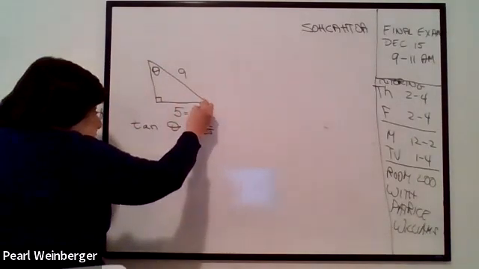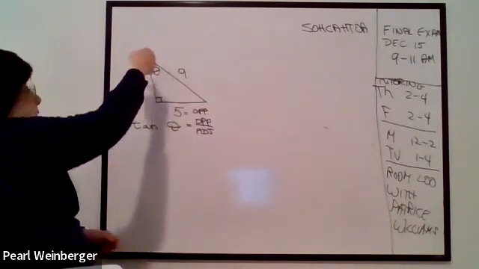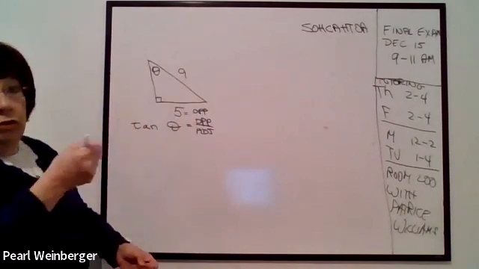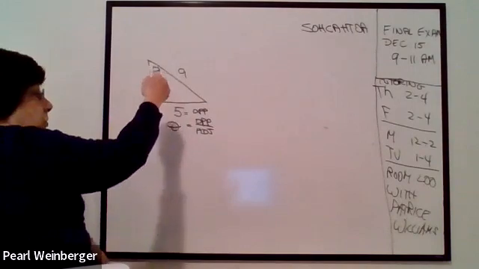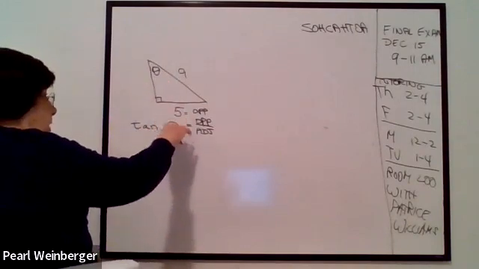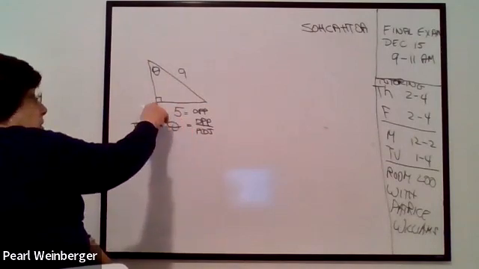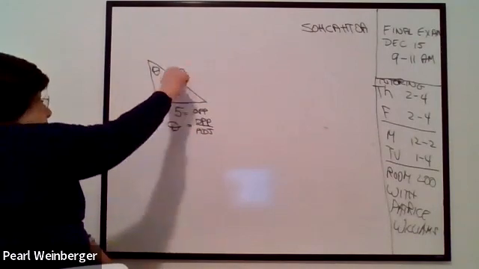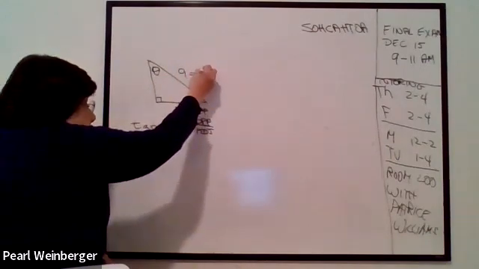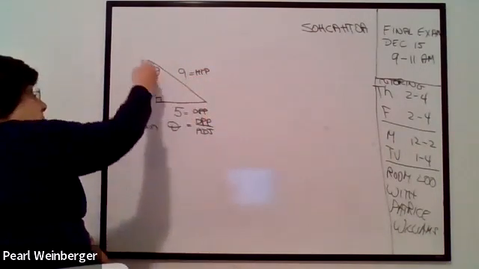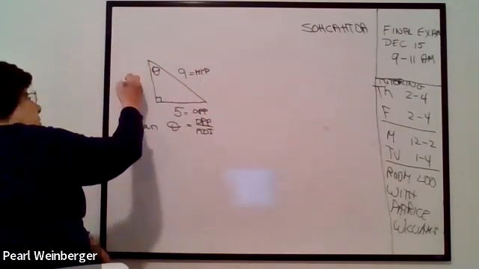Sometimes this side is opposite, sometimes it's adjacent, depending on which angle you're asked to find the tangent or whatever function they're asking you. So the 5 is the opposite. Across from the right angle is the hypotenuse. And the third side, the side that's attached to the angle, is the adjacent.